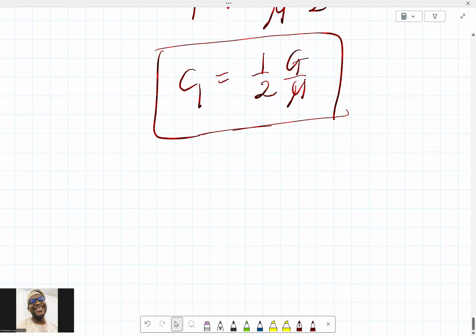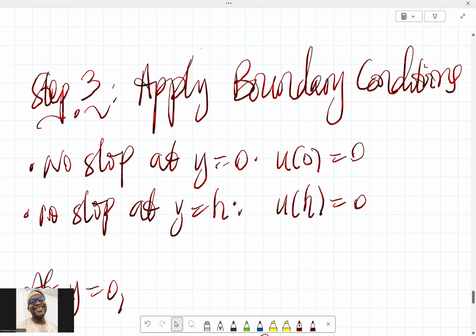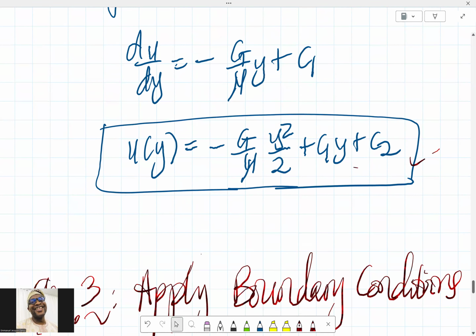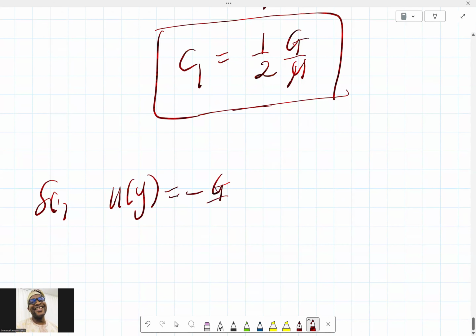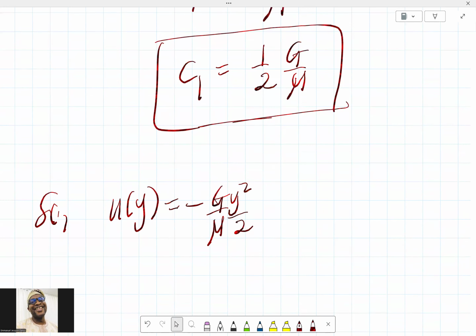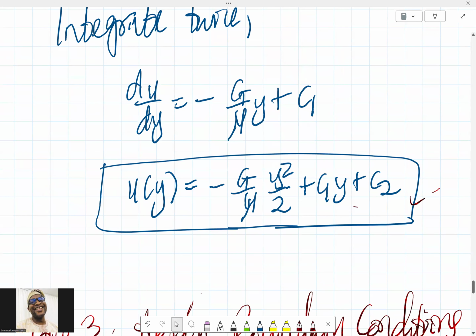So in that case, we can go back to where we are coming from. The u of y we had was minus g over mu y squared over 2, then we put the constants: plus c1y.